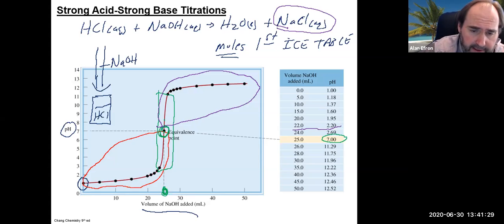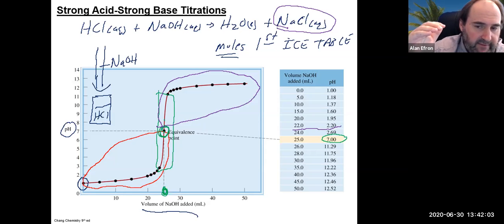Once again, you go past the equivalence point in that purple area that's circled in this type of titration. Again, you pretty much have excess strong base being added. So what that means is when you do an ice table, which you need to do, also again needs to be done in moles, you need to figure out how much strong base is left over. Because remember, once you pass the equivalence point, and if you keep going and adding the strong base, basically you're just adding base, right?